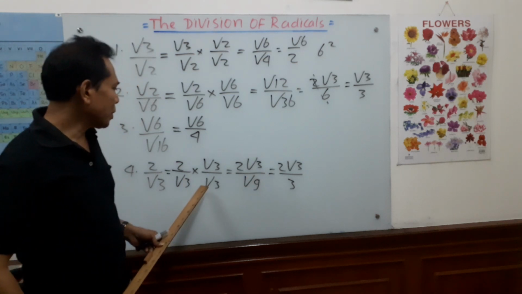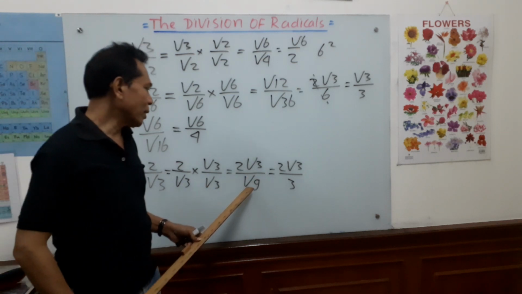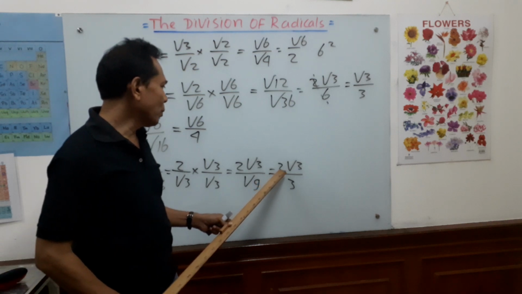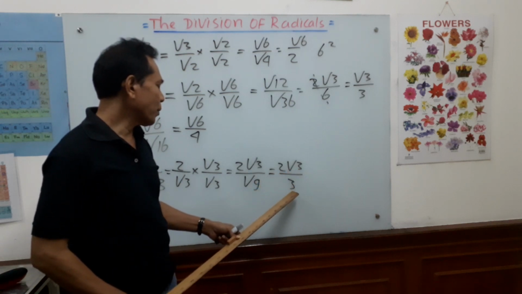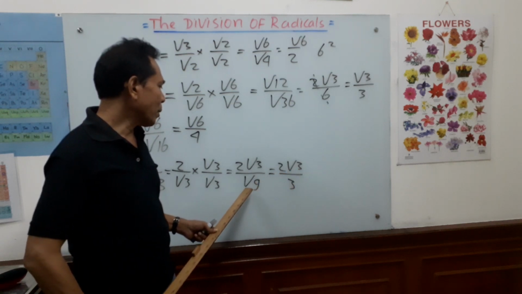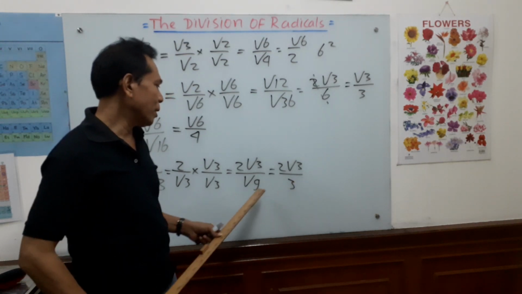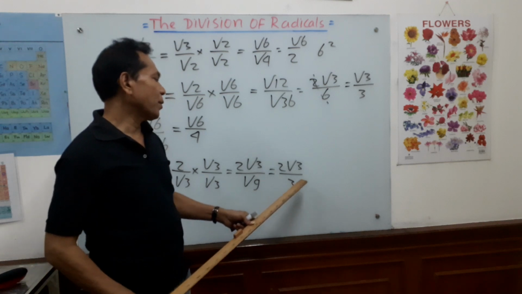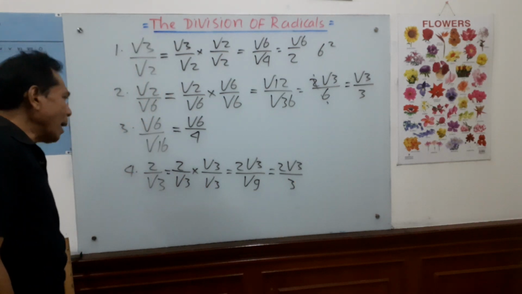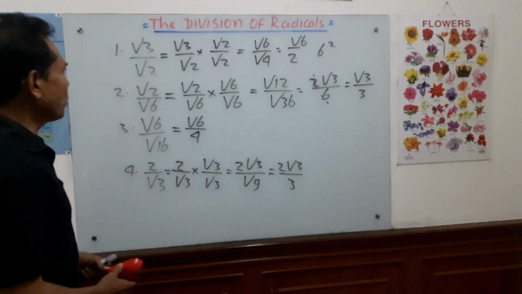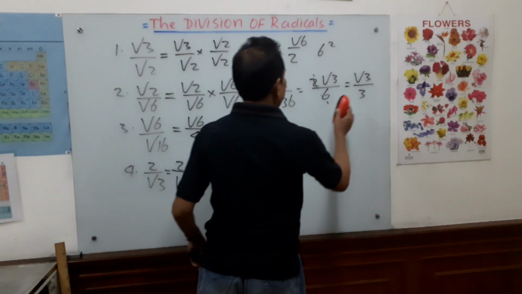Square root 3 times square root 3 is square root 9, so we have 2 square root 3 over 3. Now 3 comes from square root 9, it's a perfect square, it comes from 3 square is 9, so square root 9 is 3. Alright children, I'm going to erase this in order to bring a few more numbers.